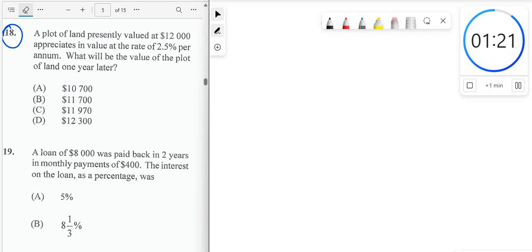What will be the value of the plot of land 1 year later? So we have $12,000 as the value of this land. So I'll find 1% first.